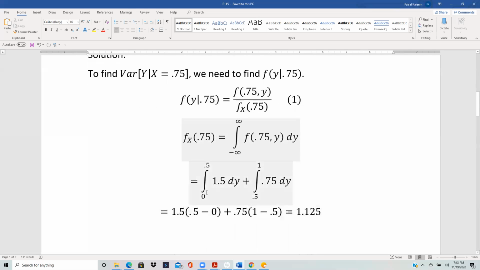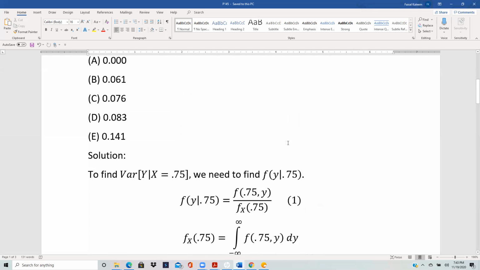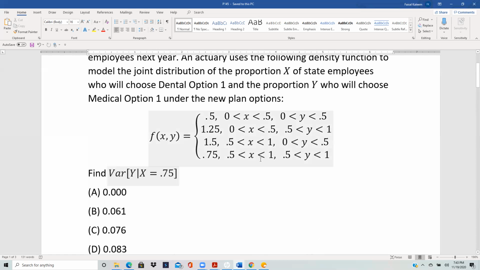So if now you look at the y definition, when x is 0.75, and y goes from 0 to 0.5, the function is 1.5.